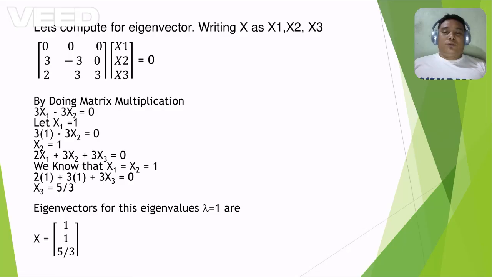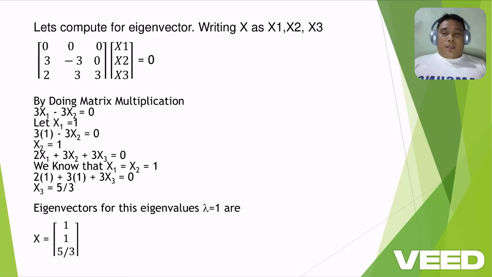In row 2, 3 times x1 minus 3 times x2 plus 0 equals 0. There is no x3. So let x1 equal 1. By substitution, 3 times 1 minus 3x2 equals 0, so x2 equals 1.